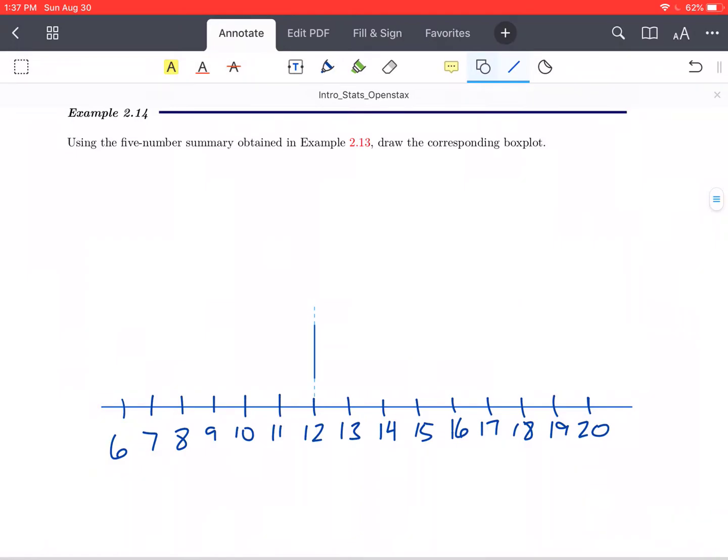So we've got 12, 13.6 is right around here, and 14.4 is right in there. There we go. Let's go ahead and finish off that box. Okay. So again, here's our Q1, Q2, Q3.